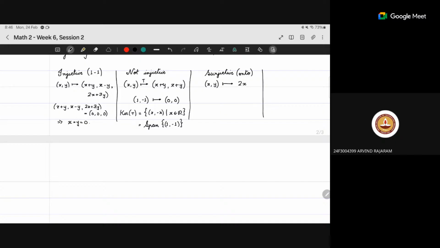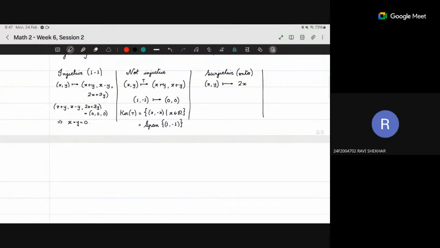But tell me if this is surjective. Yes, it is surjective.